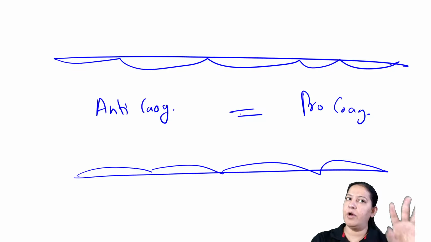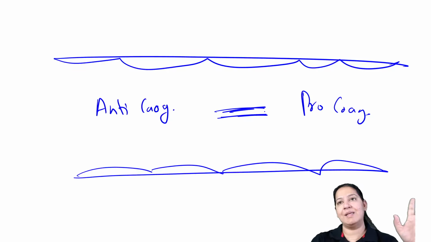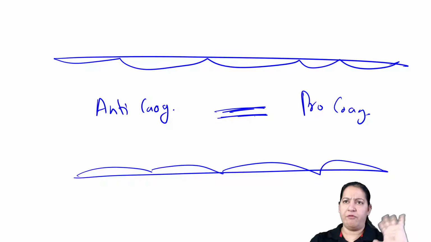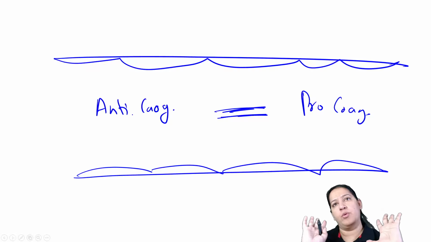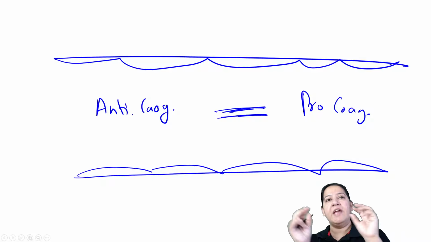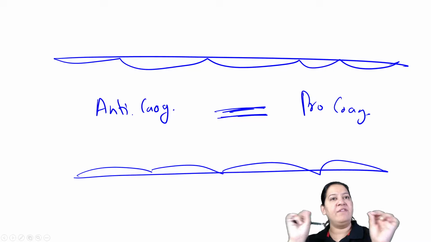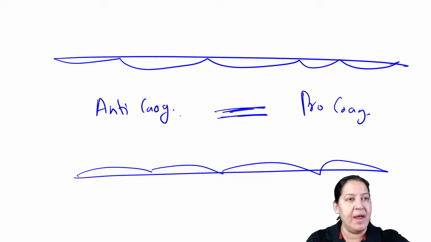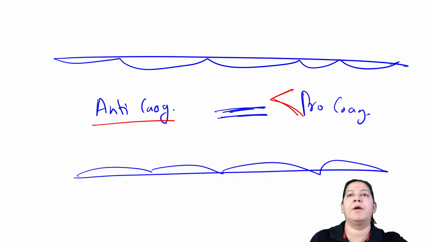Normally in my blood, your blood, all healthy human beings' blood, they are equal and opposite, so they balance each other. So a clot is not formed because the anti is balanced by the pro, right? Imagine if I am having a cut here. If a person has an injury anywhere, at that time the procoagulatory increases tremendously compared to the anticoagulatory.